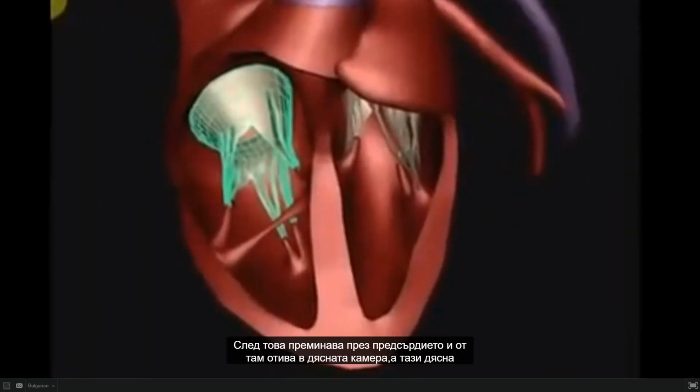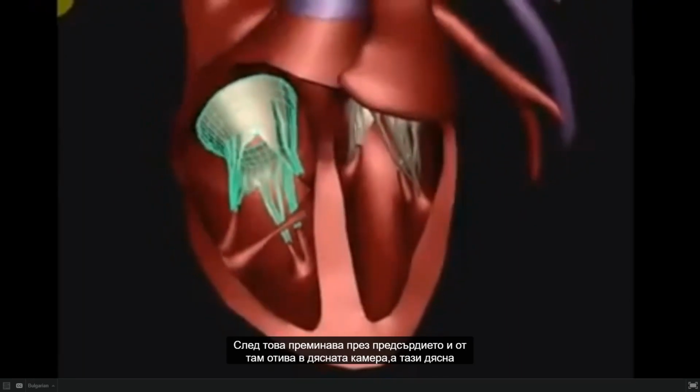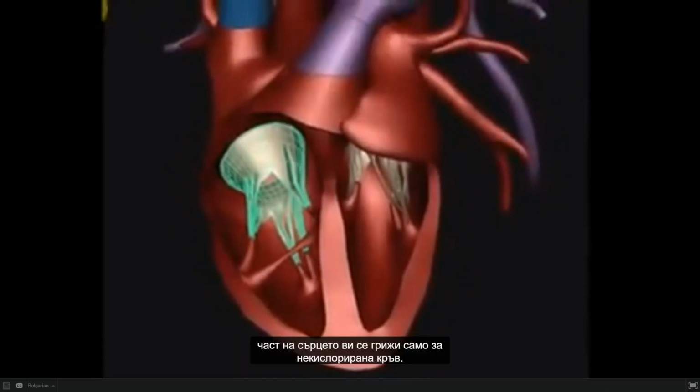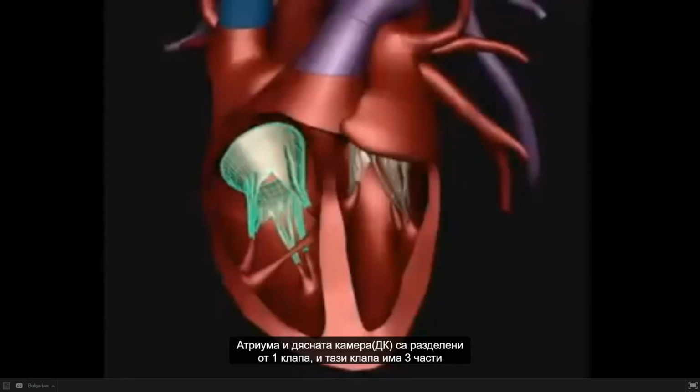Then it goes through the atrium. From the atrium, it goes to the right chamber. All that right part of your heart only carries non-oxygenated blood. The atrium and the right chamber are separated by one valve.